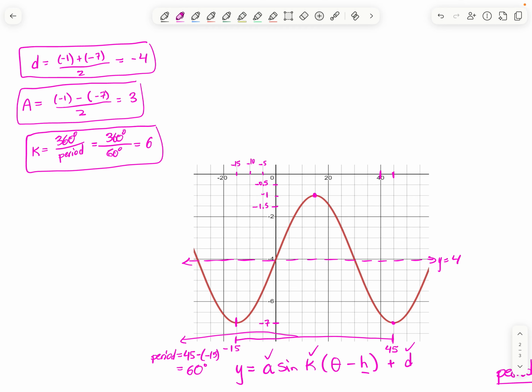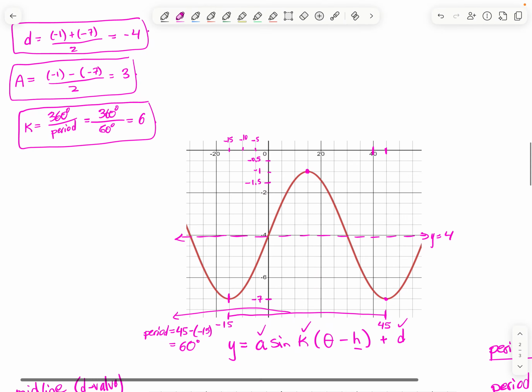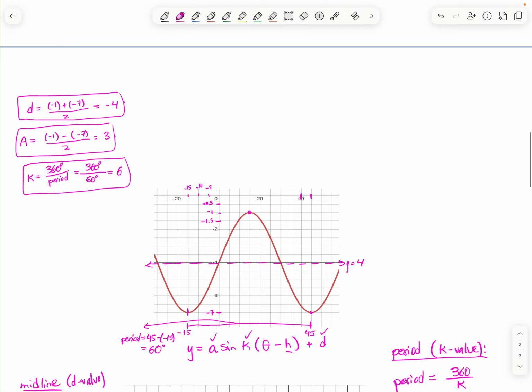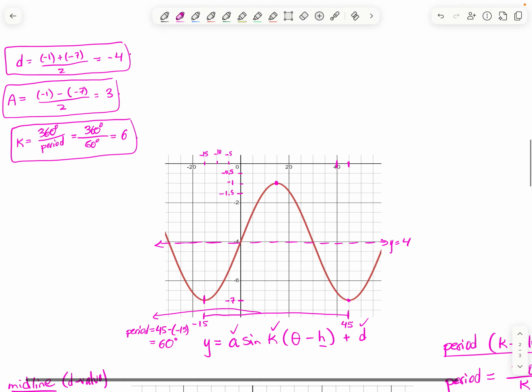And now we have the A value, the K value, and the D value here. So let's come up with our two equations, the sine and the cosine. If I want to come up with the sine equation, it looks like sine would be the best choice if I had to choose between the two, because it crosses at x equals 0.